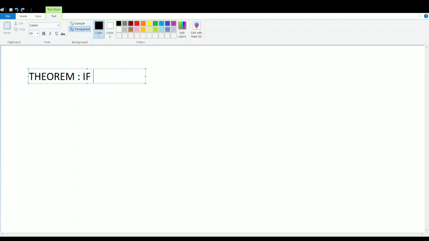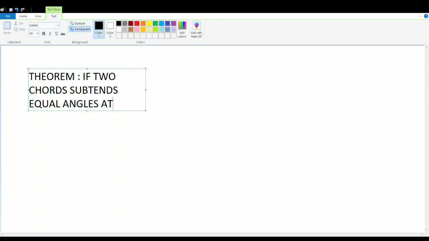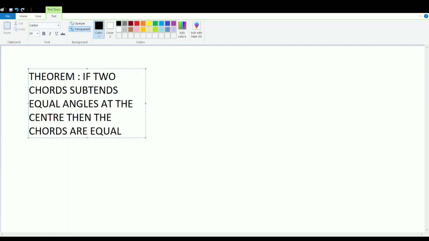if two chords subtend equal angles at the center, then the chords are equal.